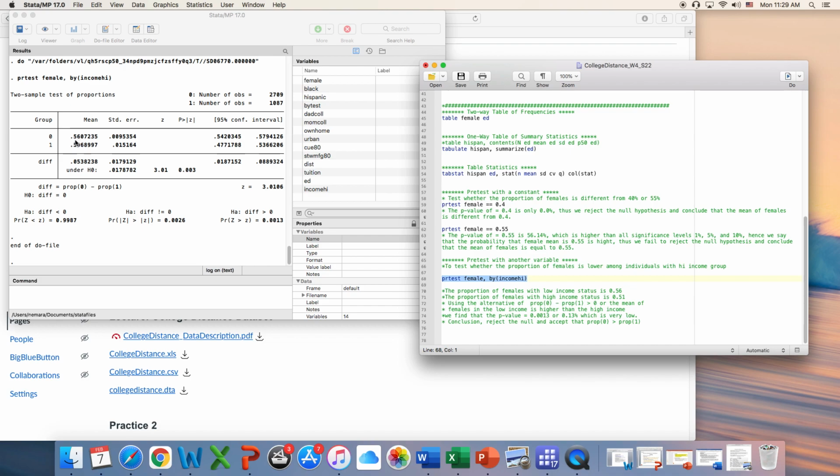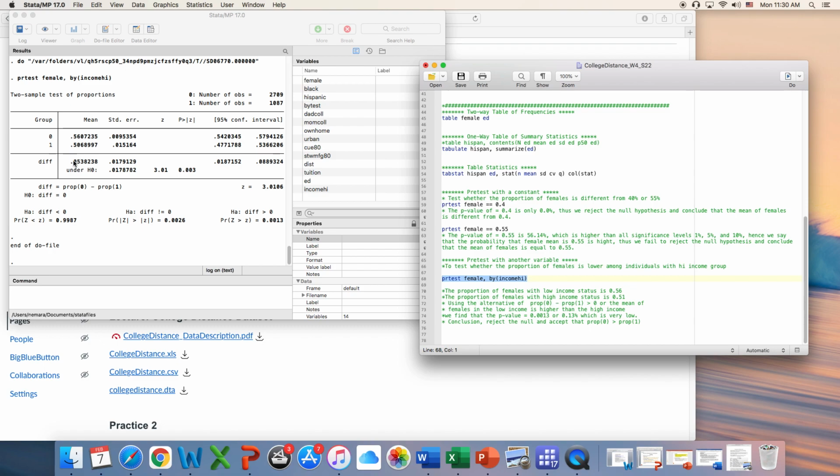I have about 56% of females in the low income group, but about 51% of females in the high income group, and the difference between these two is right here. We're testing the difference, the proportion of being 0, or the proportion of those who come from the low income group minus the proportion who come from the high income group.